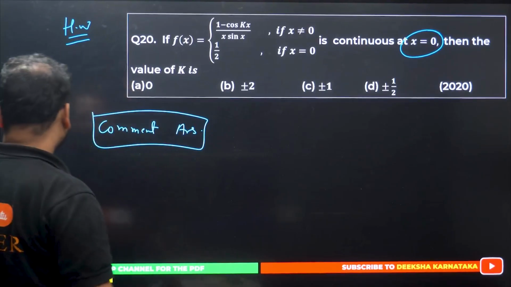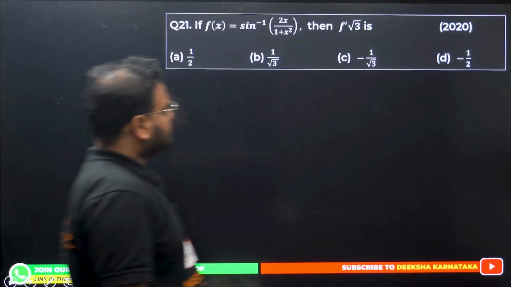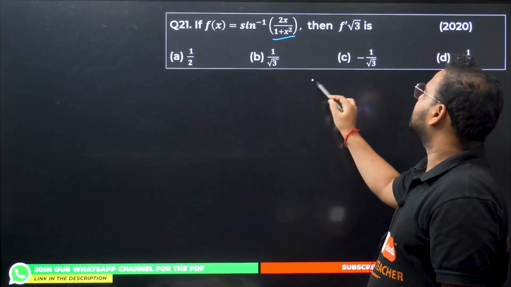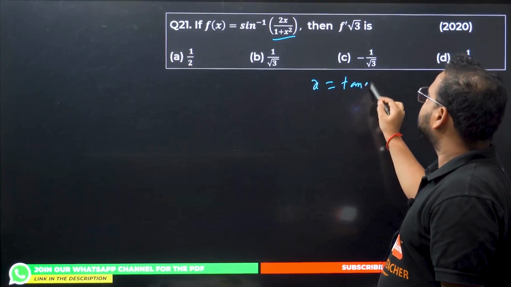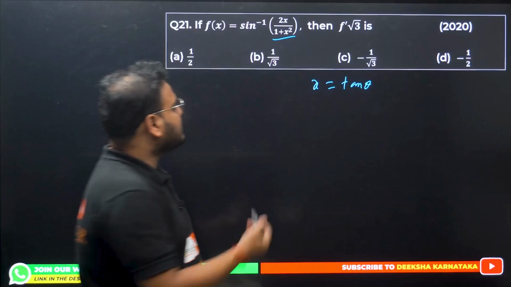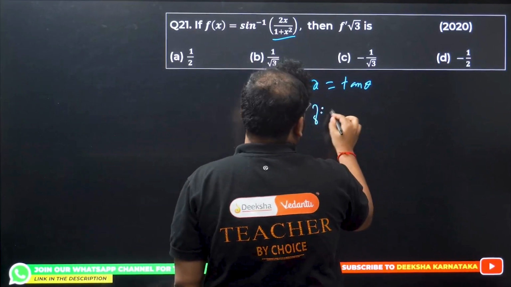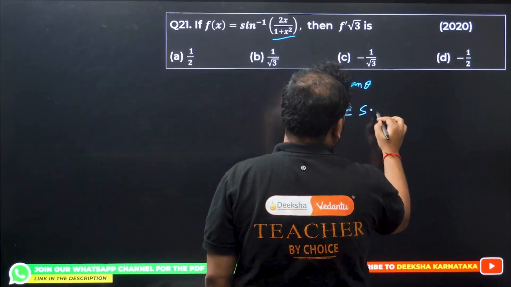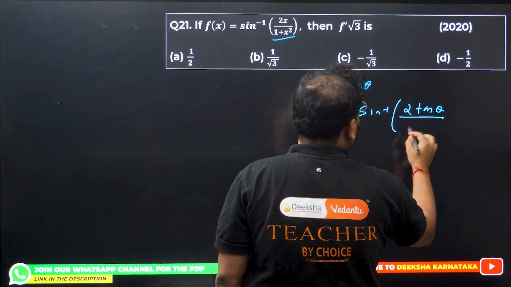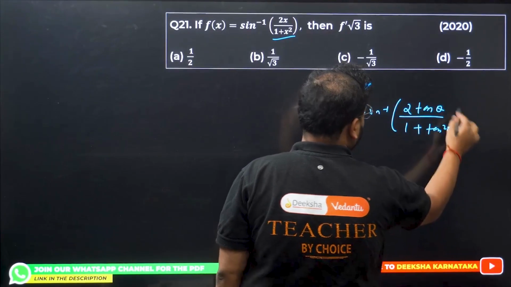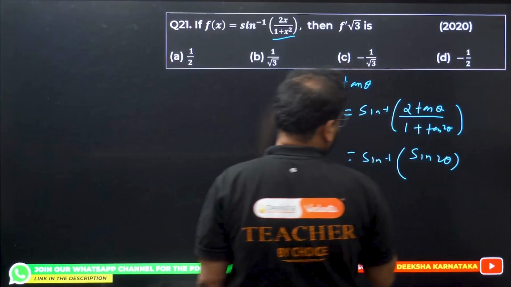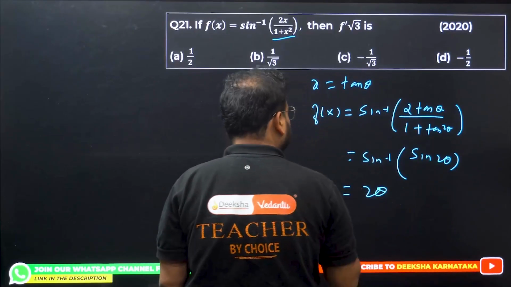Okay, 21. We have done this question right now, haven't we? Take x as tan theta. Sine inverse of 2x upon 1 plus x square is given. There is a formula for this in terms of tan. So right here, f of x equals to sine inverse of 2 tan theta upon 1 plus tan square theta, which is nothing but sine inverse of sine 2 theta, nothing but 2 theta is the value of f of x.